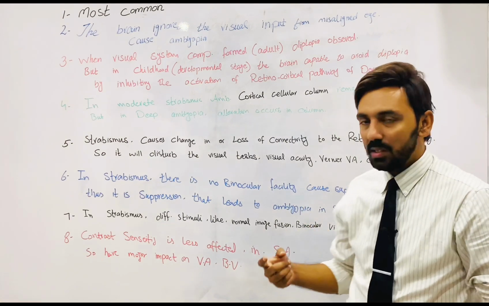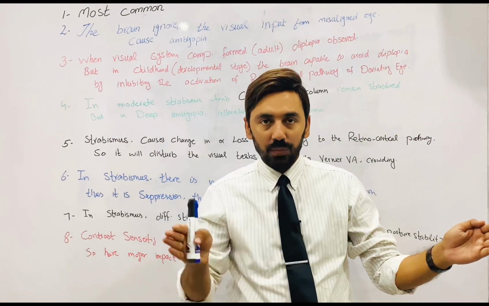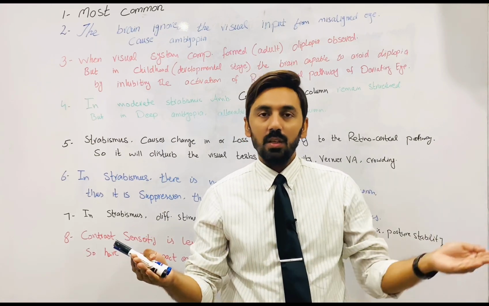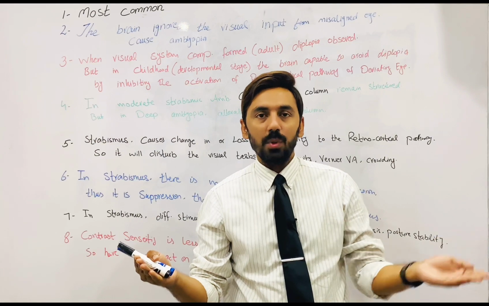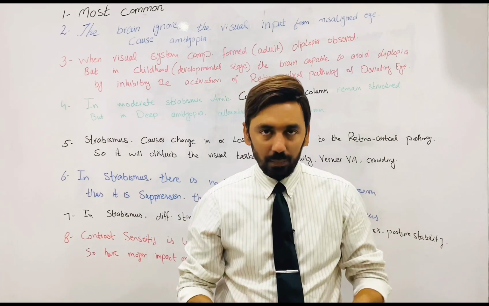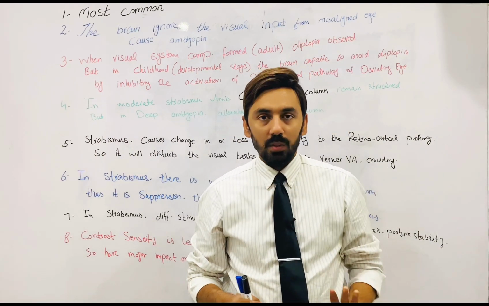What are retinocortical cells? The connection of the cells from the retina to the visual cortex, in the occipital lobe, right? So this is the connection, this is the visual system. So if strabismus is there, the connection between the cells will get disturbed, right?